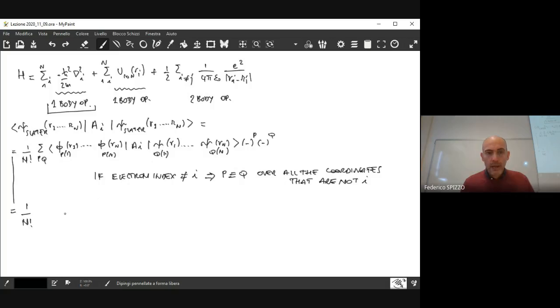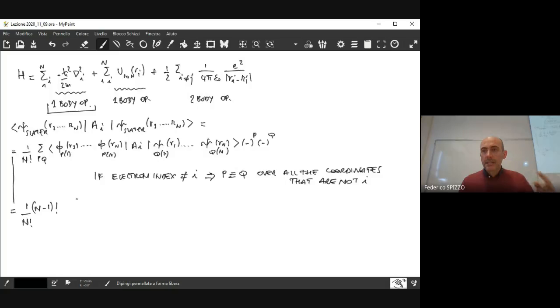So at the end, we are left with n possible values that come from the permutation of not n coordinates, but n minus 1 coordinates. Due to the fact that here we have exactly the same calculation that we had before, if we forget the coordinate I, for all the coordinates that are not I, that gives us an n minus 1 factorial at the numerator.